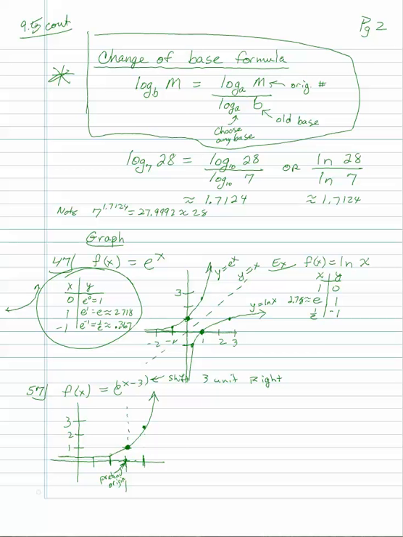And then same thing for natural log. If I did number 65, g of x is equal to ln of x minus 2. Now this is outside the function, so this is moving it down 2.